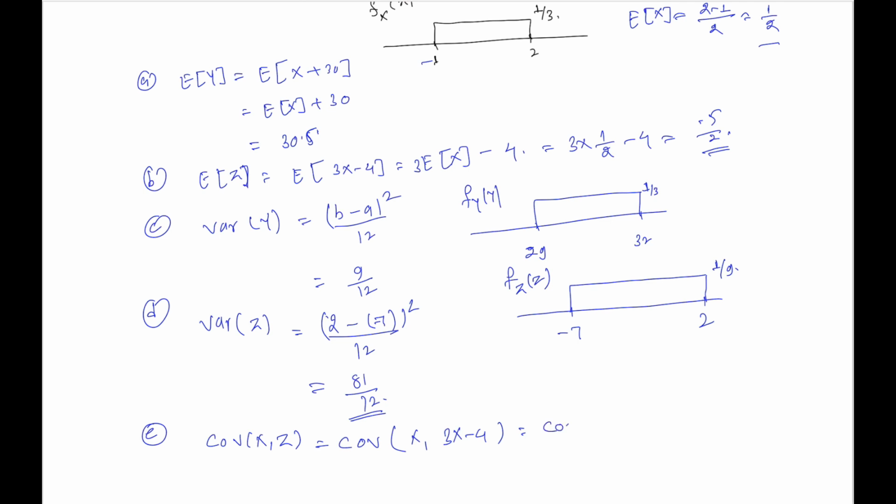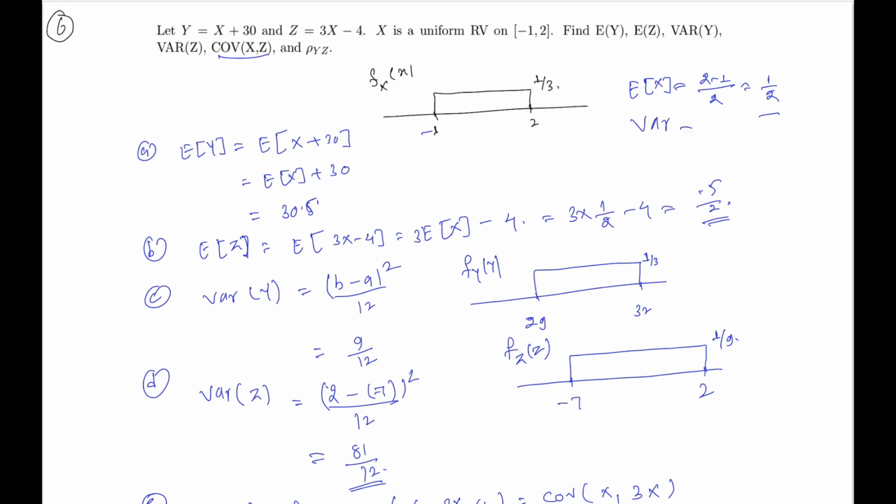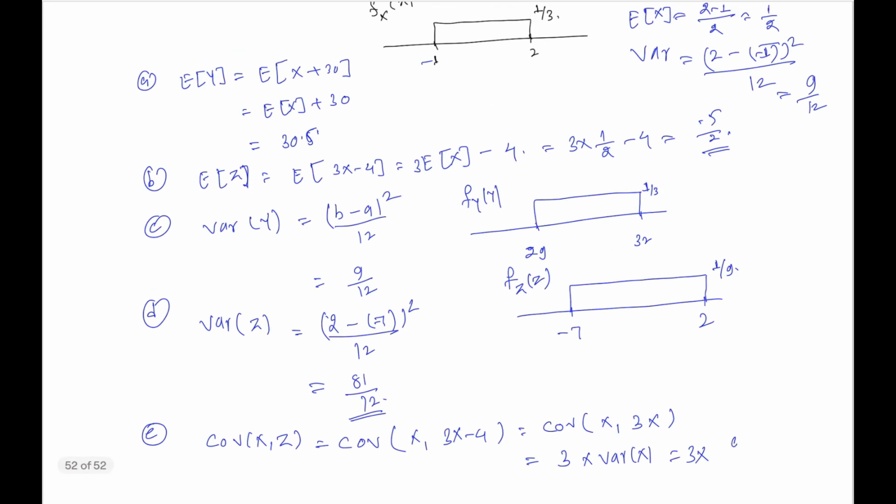That would be the covariance of x with 3x, which is 3 times the covariance of x with itself, that is 3 times the variance of x. The variance of x we can find from here: (2 minus minus 1) whole square divided by 12, that is 9 divided by 12. So 3 times 9 divided by 12 is 9 divided by 4.